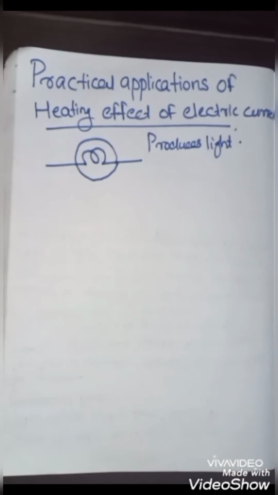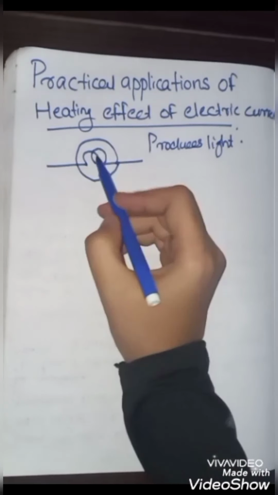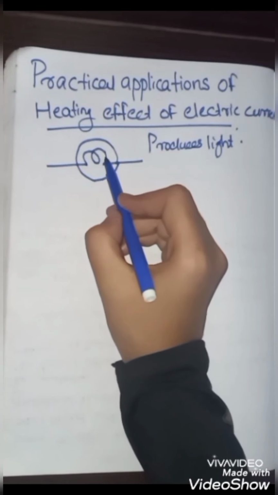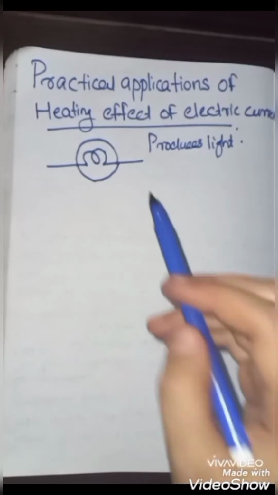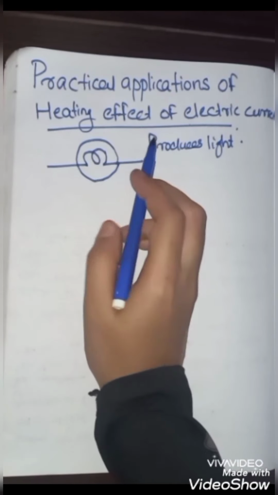We all know that. Then, in the previous class, we said that there is a filament for this electric bulb. This is a filament, and this filament is made up of tungsten.